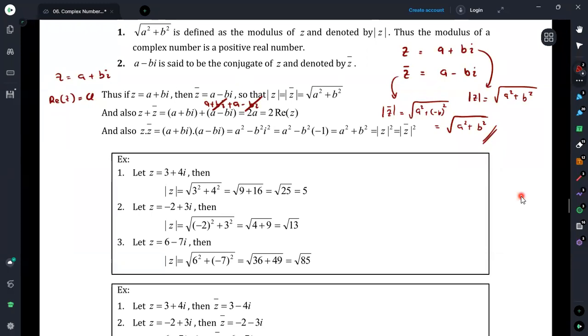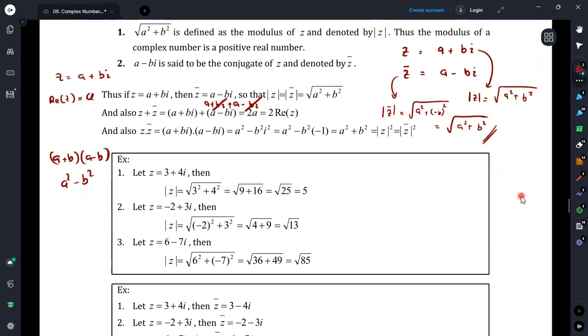If we perform the calculation, we know that a plus b times a minus b can be written as a squared minus b squared in algebra, the difference of squared terms. Using this concept, here we will get a squared minus b squared times i squared, then we'll get a squared plus b squared, since the value of i squared is equal to minus 1.